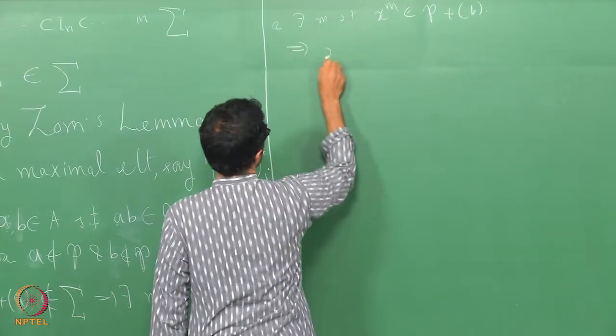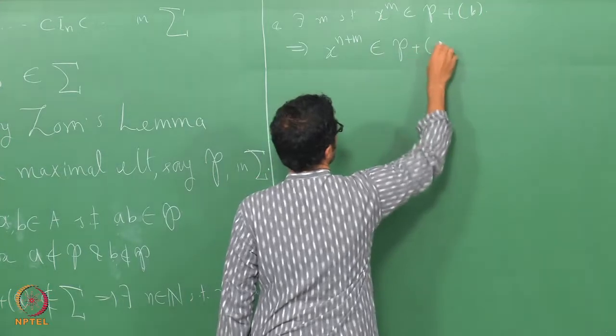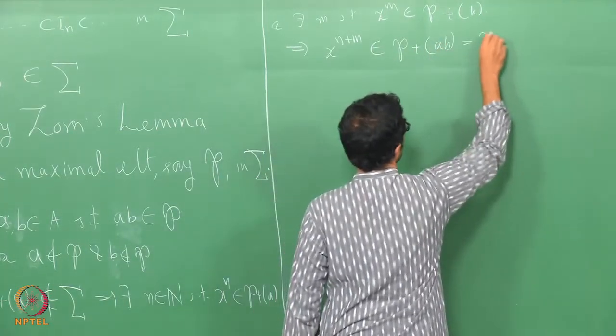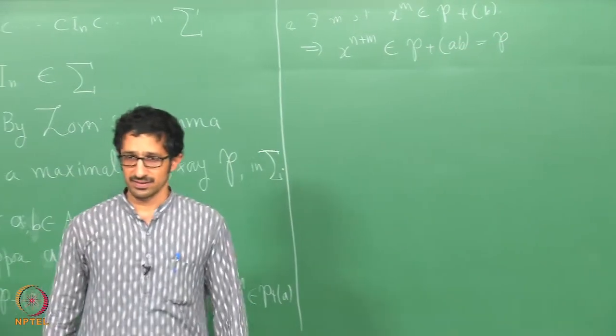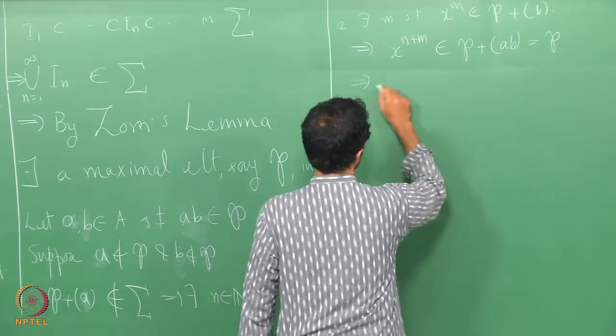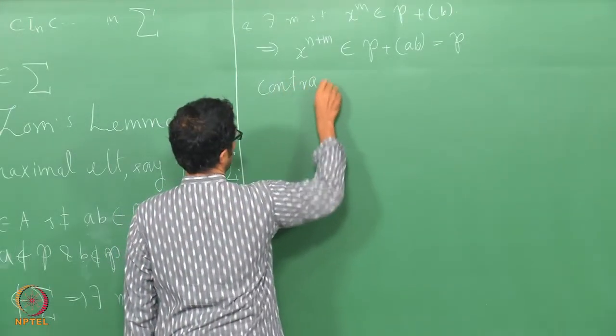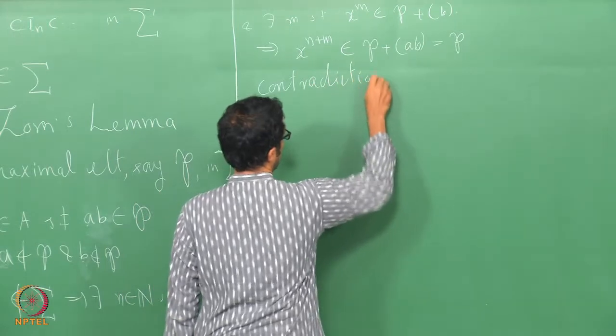So this would imply that x to the power n plus m belongs to P plus xy, which is P because xy belongs to P. Therefore, that is a contradiction because P belongs to sigma.